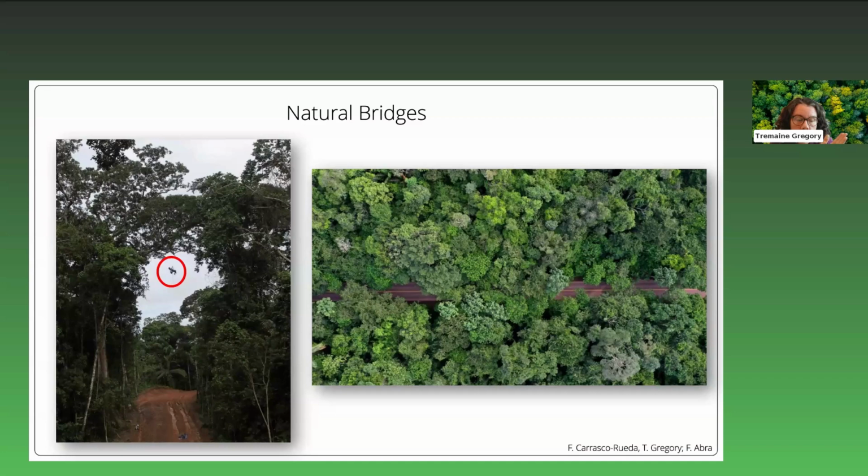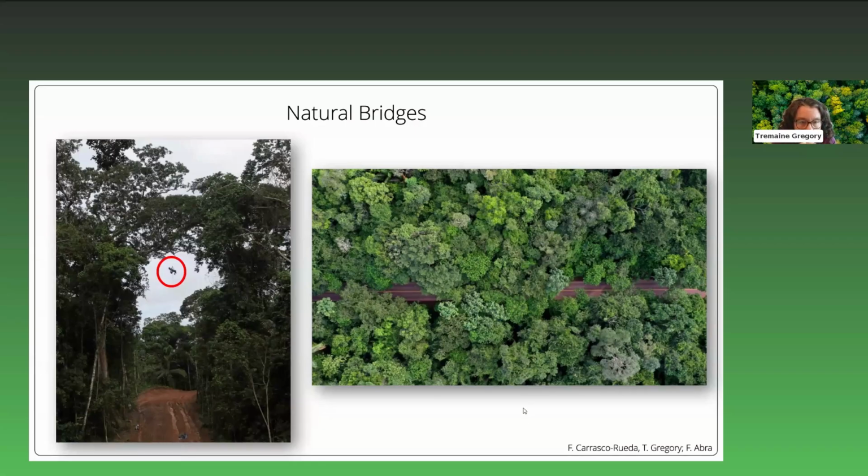In both cases, over 25 species use these natural bridges. In the right-hand case, we were able to compare with artificial bridges, and we found only 9 species so far using those artificial bridges. So animals much prefer natural bridges, which is interesting to see.